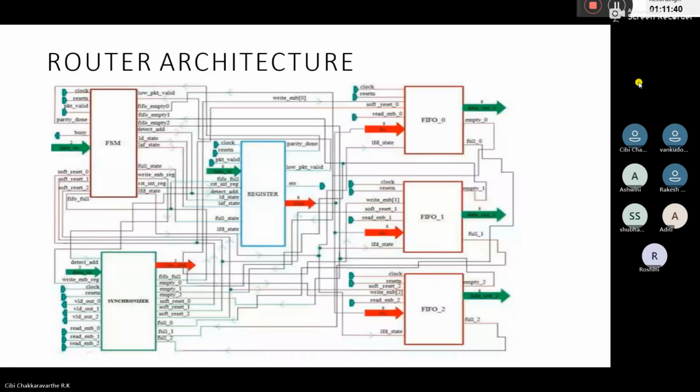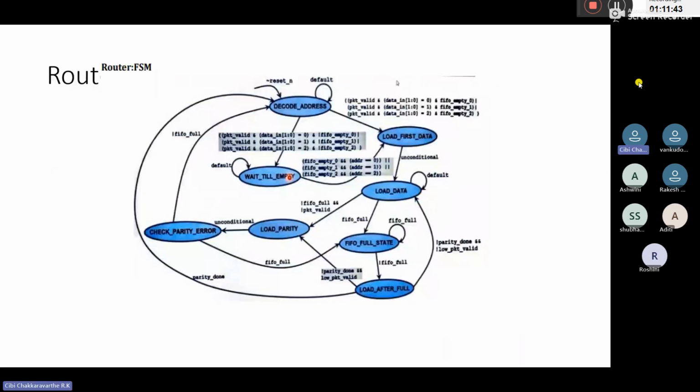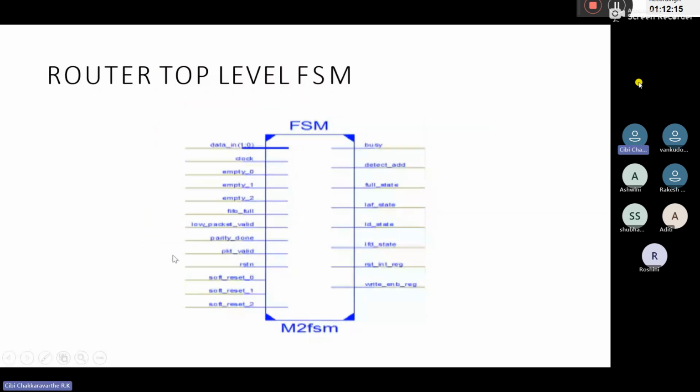Once our parity is done, we need to go to the address decode state once again. So if the parity done signal is passed to the FSM, then it will reset the router. Then once again it is ready to get the next packet: address decode, then load first. This same process will be followed. That is why we are sending the parity done from the register to this FSM.